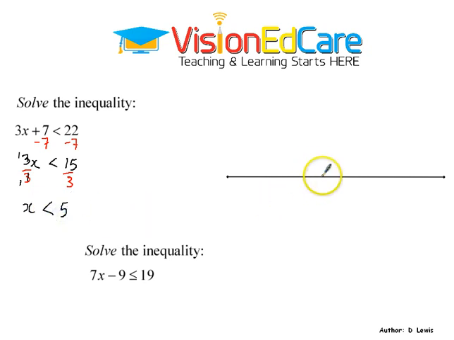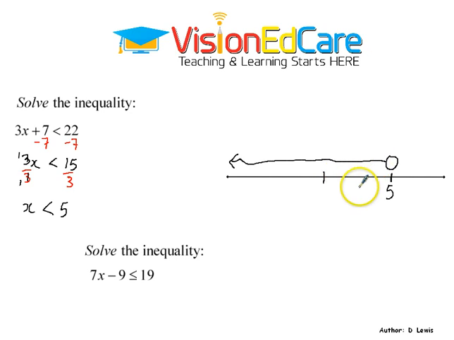So on our number line, positive 5 would be somewhere here, and it says x is less than 5, so we draw an open circle but we do not shade it, and all the values from here onwards to negative infinity will be a solution.